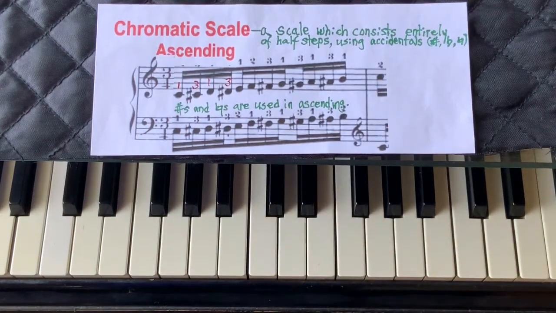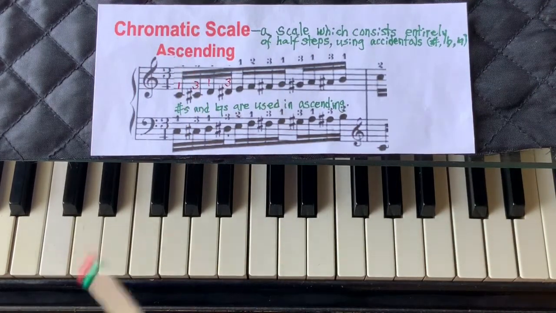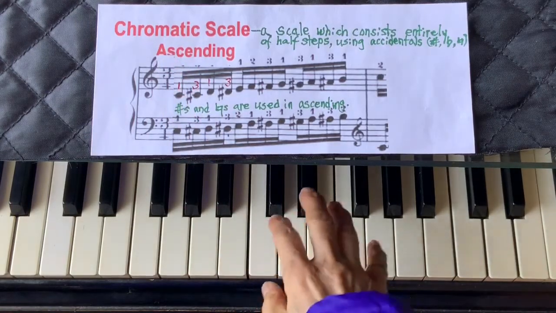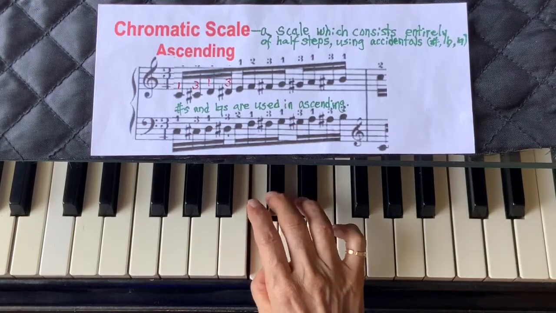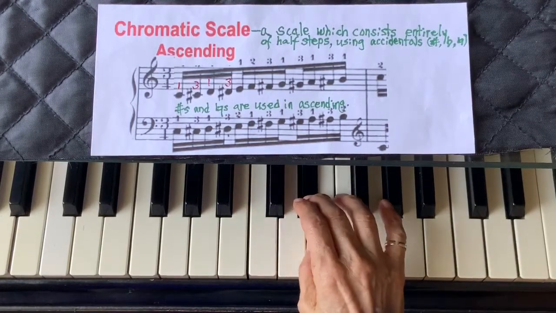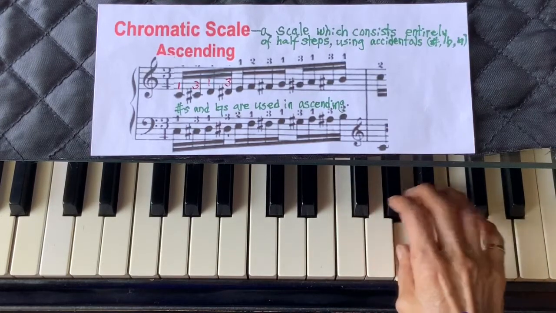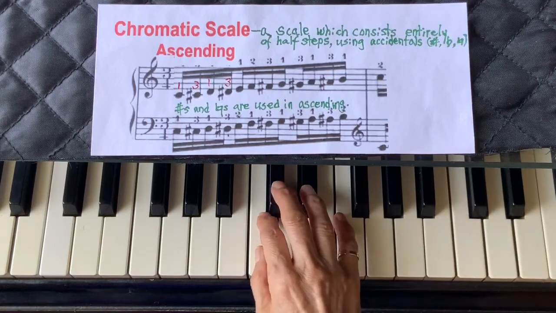We will start the lesson with the chromatic scale, ascending and later descending. First, we will play the C with 1 and 3, 1, 3, 1, 2, 3, 1, 3, 1, 3, 1, 2. One more time.